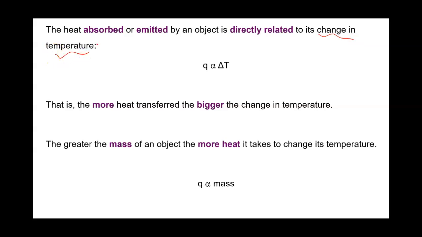So what we're really saying here is that the more heat that you transfer, the bigger the change in temperature you get. That's what it means when 2 things are directly related. Similarly, we note that the greater the mass of an object, the more heat it takes to change its temperature. That is, for a given temperature change, as the mass goes up, the amount of heat that you will need to transfer to change the temperature of that object will also increase.